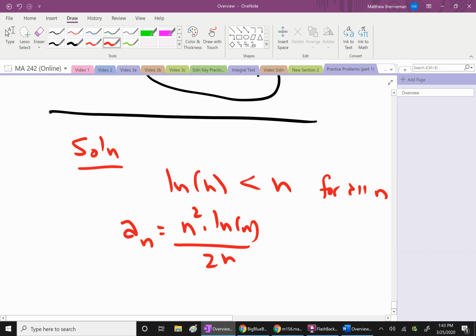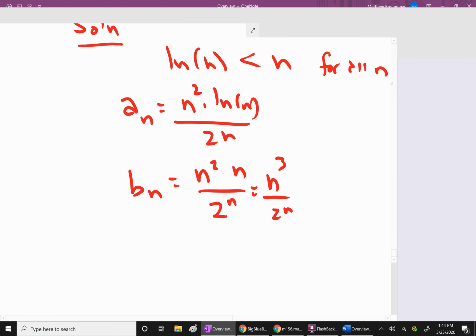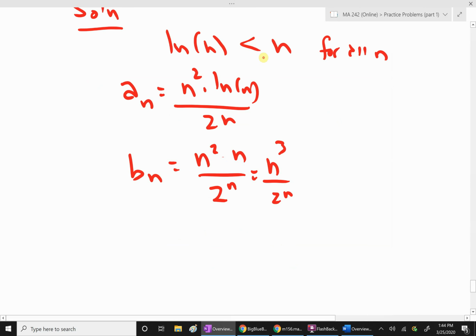I'm going to replace this by a new sequence, b_n equal to n squared times n over 2 to the n, which is n cubed over 2 to the n. The reason I'm doing that is because of this fact, I know that the a_n are always less than the b_n. n squared natural log of n over 2 to the n is less than n cubed divided by 2 to the n. Does everyone agree?